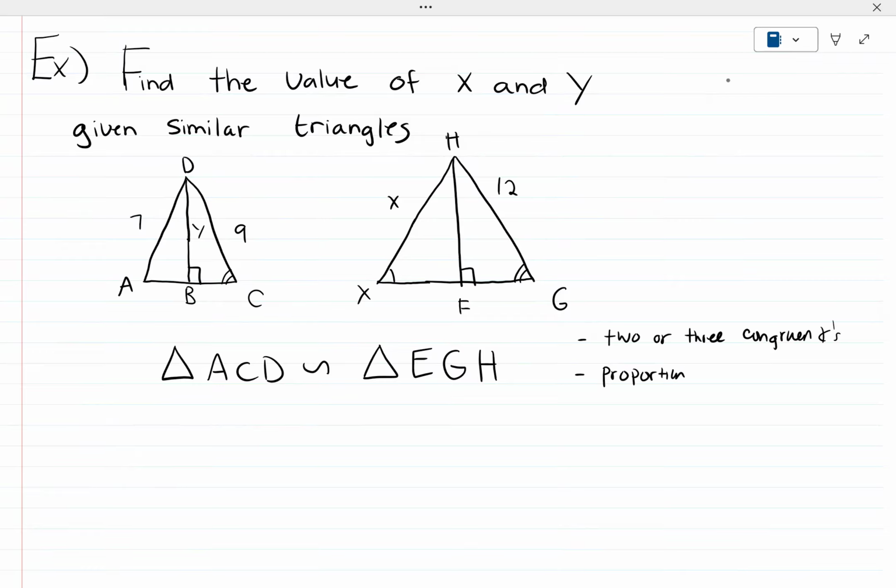Or you could think of it as a scale factor. Okay, so how can we set this up? We've got to find the length of x and y. This is the length of x right here, and the length of y is here.